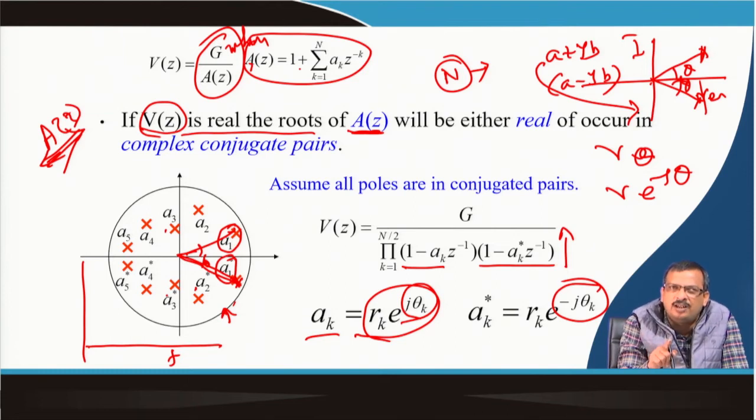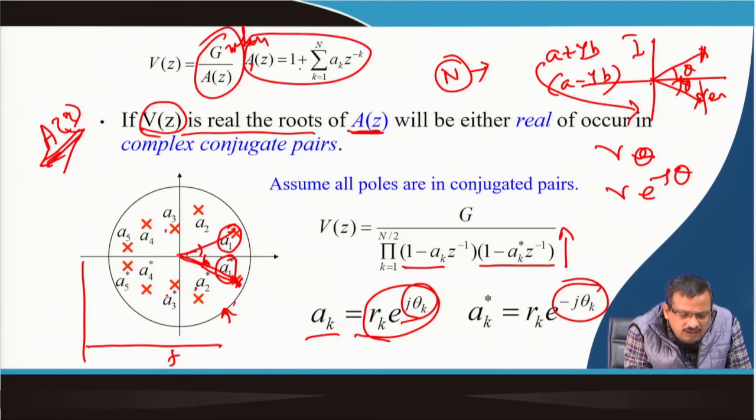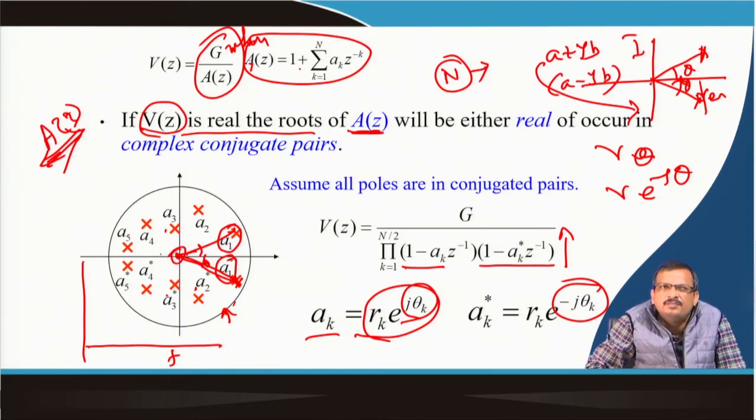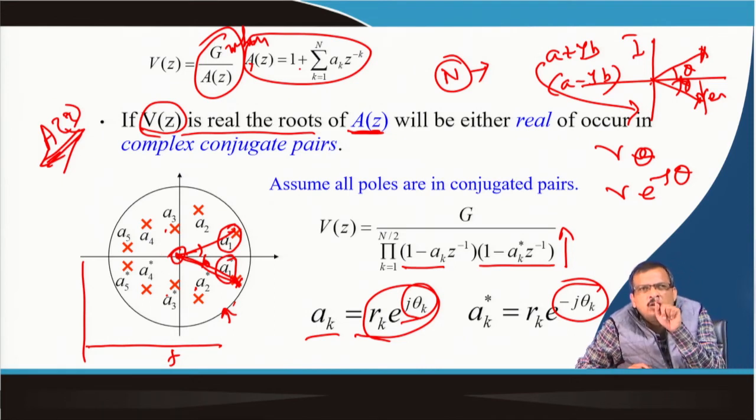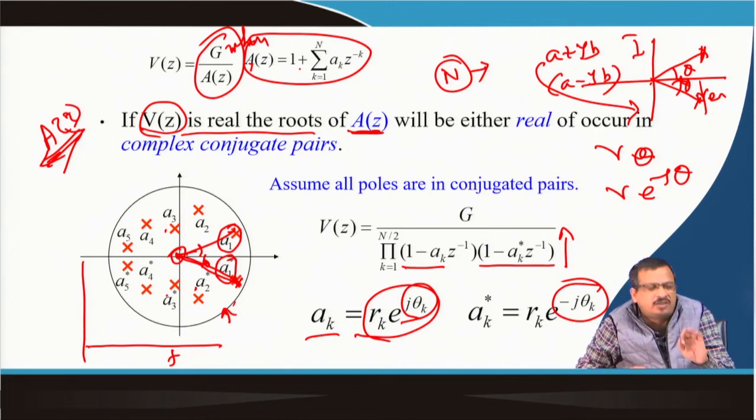The formant has a bandwidth if the pole is not on the unit circle. So, each pole corresponds to a formant frequency, which is the resonance frequency of the system.